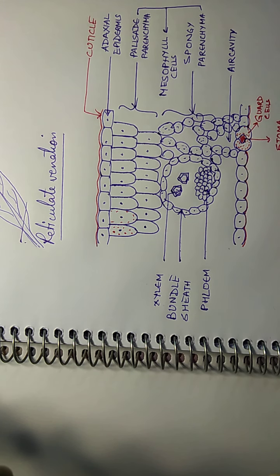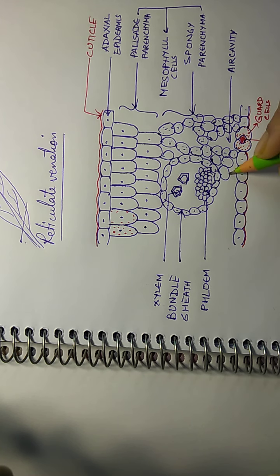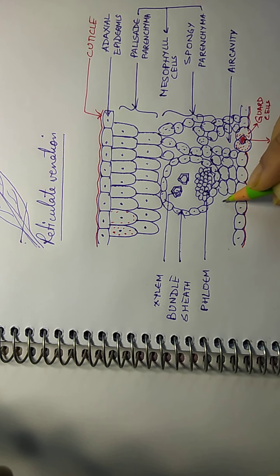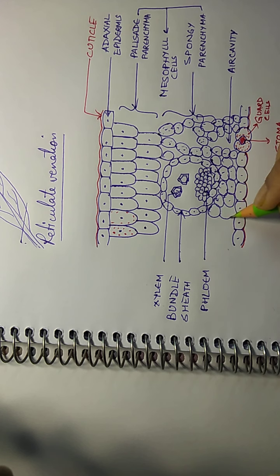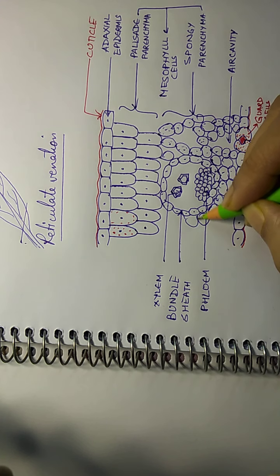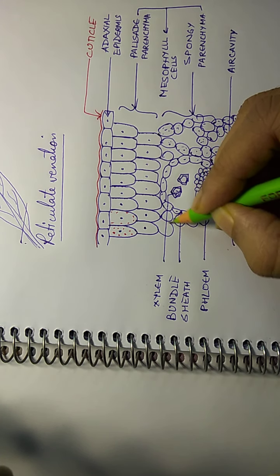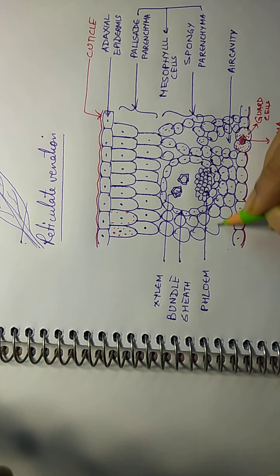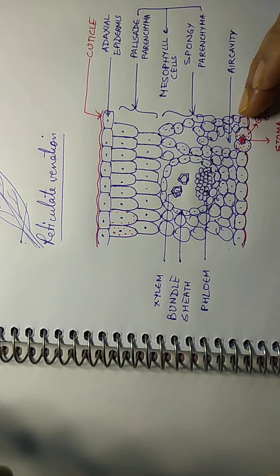So that the concentration of air is increased above it, which will enhance the movement of gaseous exchange in and across the stomata. I hope you can very well understand that the leaf has two types of structures: one towards the upper surface of the leaf and one at the bottom surface.